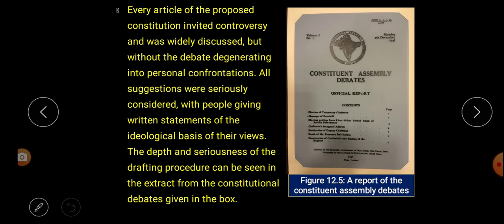That means they did not debate as a personal confrontation. Next, all the suggestions given by the people were seriously considered, as people gave the logical basis of their views. And how seriously the constituent assembly discussed for making this constitution, we can see from the box given.